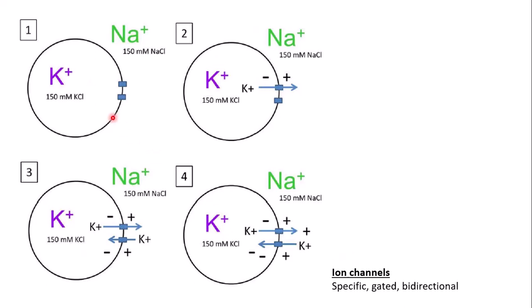So here in the first diagram, we have a normal system where we have potassium inside, which is at 150 millimolar, and outside sodium, which is 150. At this stage, our cell membrane potential is 0 millivolts.